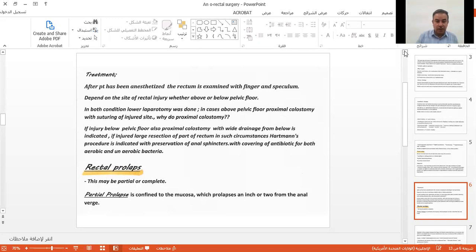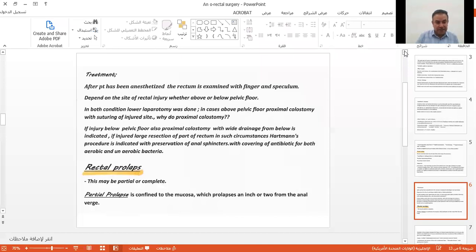In cases above the pelvic floor, you have to suture the injury and do a proximal defunctioning colostomy, in order to let healing occur as early as possible. It is temporary, 2 to 3 months. If the injury is below the pelvic floor, also proximal colostomy with wide drainage from below.